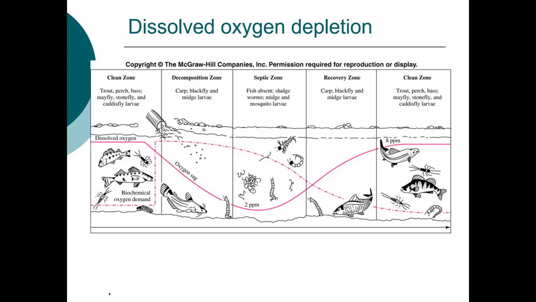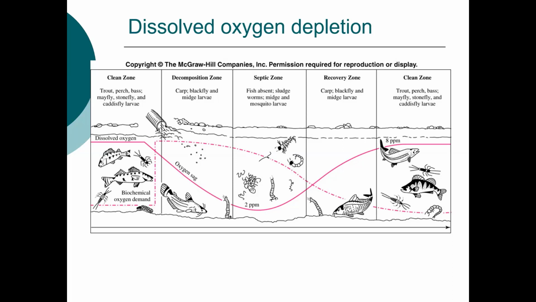If we were not to treat, then this wastewater has organic matter in it. That organic matter consumes oxygen. What we have is the typical dissolved oxygen depletion curve that you see here. Here's our wastewater treatment plant.